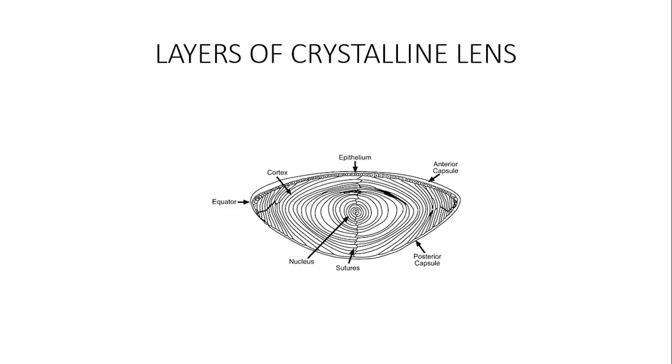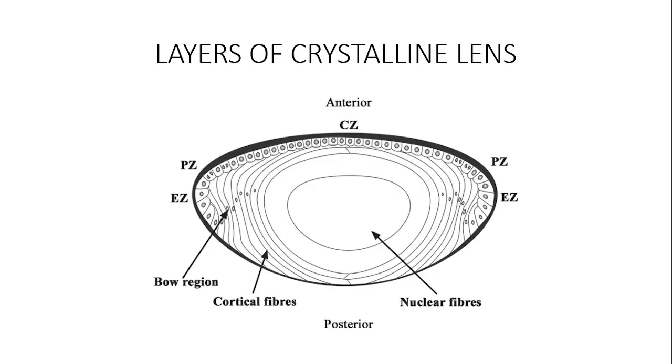We have the anterior and then the posterior suture. The anterior one is what? Y shaped, and the posterior one is inverted Y shape. So the anterior suture is what? Y shape, and the posterior suture is what? Inverted Y shape.